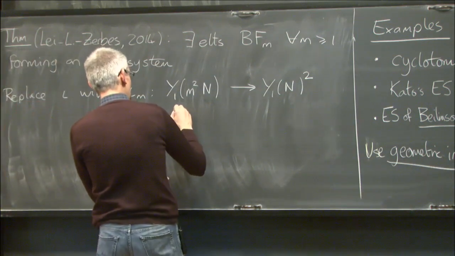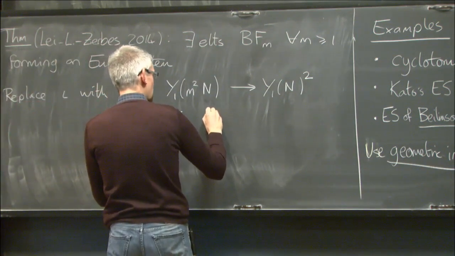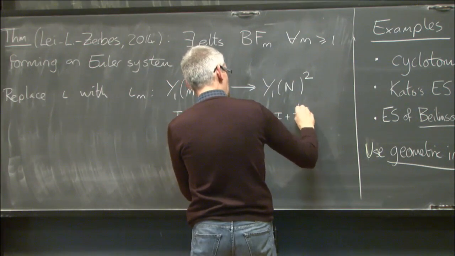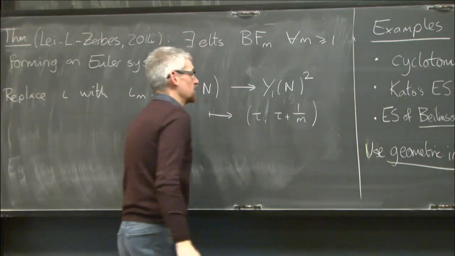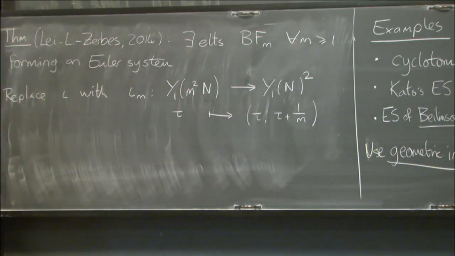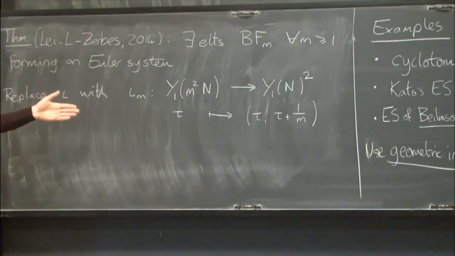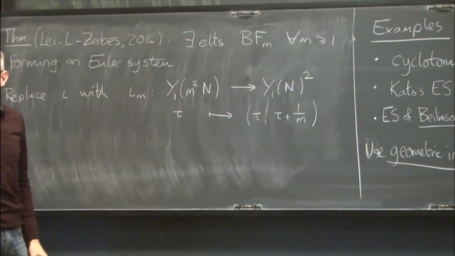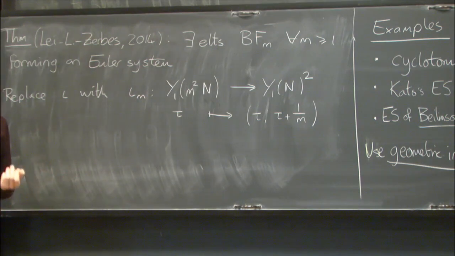And in terms of points on the upper half plane, this map is given by tau goes to tau and tau plus 1 over m. So it's a fun little exercise to check that that's actually well defined on this quotient. This is essentially the same statement as saying that when you twist a modular form by a Dirichlet character mod m, its level goes up by at worst m squared.